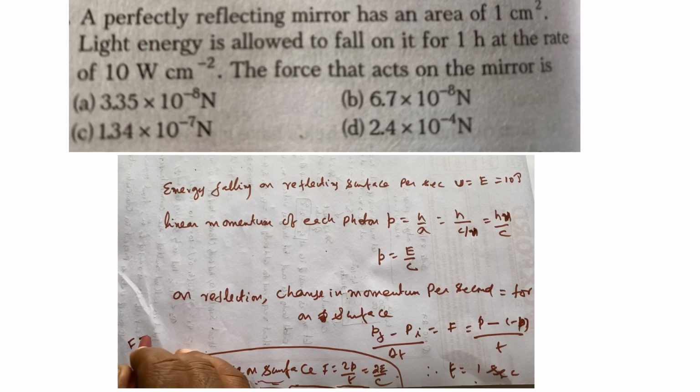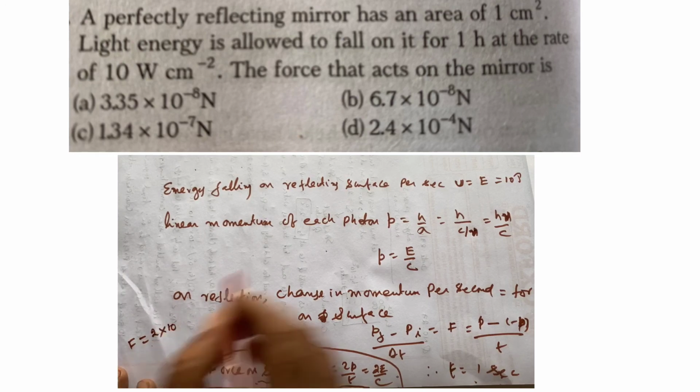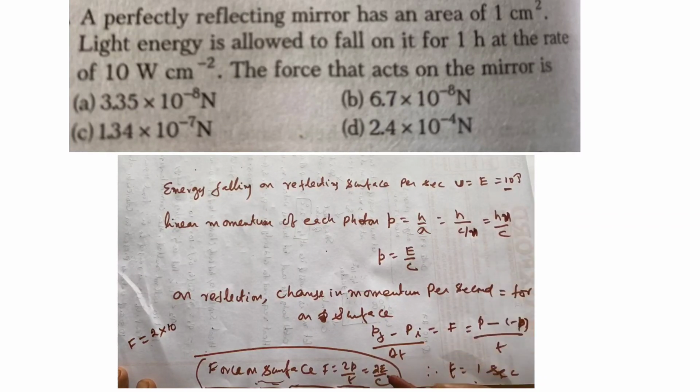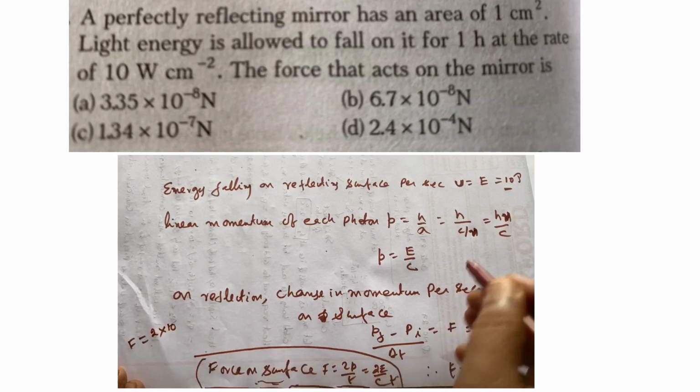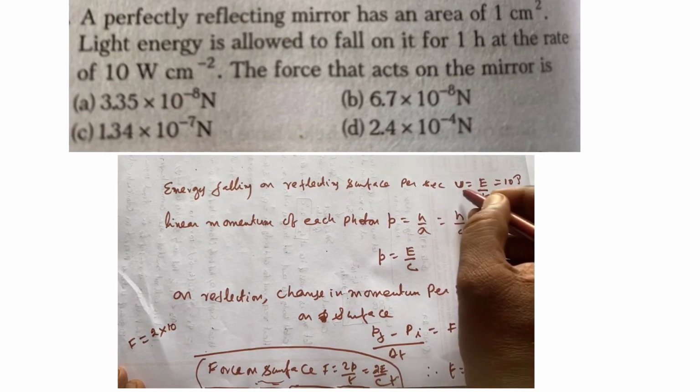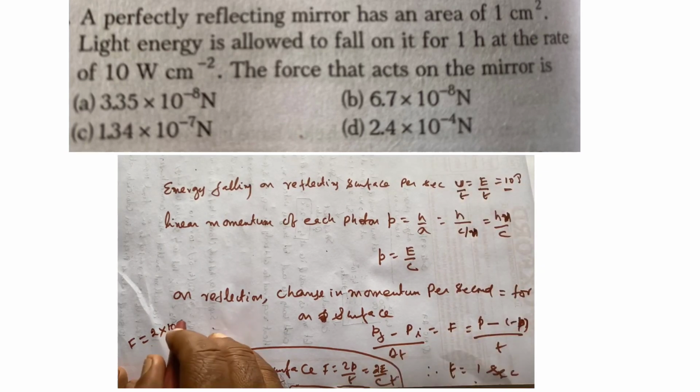So F equals 2 into 10 joules, E by t equals 10 joules, divided by 3 into 10 to the power of 8.